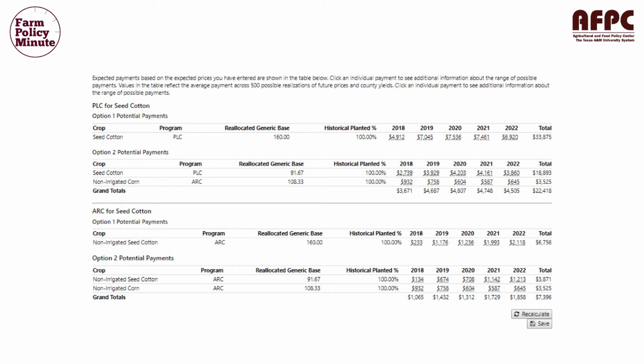When you look at this, the top part of that graph again is PLC. If you do option 1, you could have up to 160 acres of your original 200 allocated to seed cotton, and there's some projected payments that we have. We analyzed it 500 times, drawing different prices. We use the mean prices you put in there and put a distribution around them.